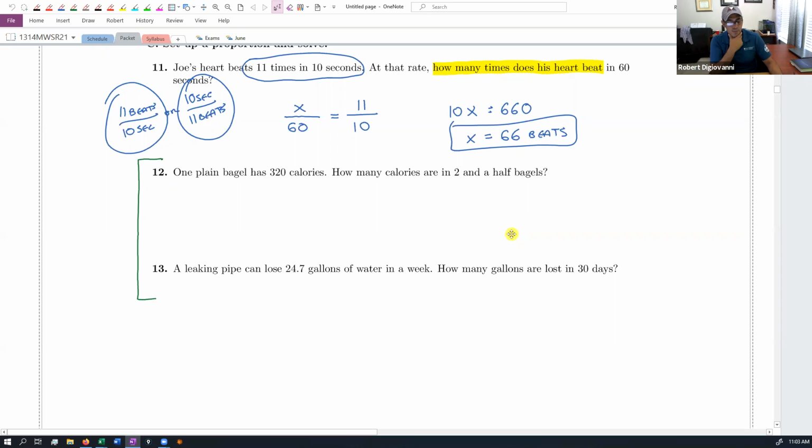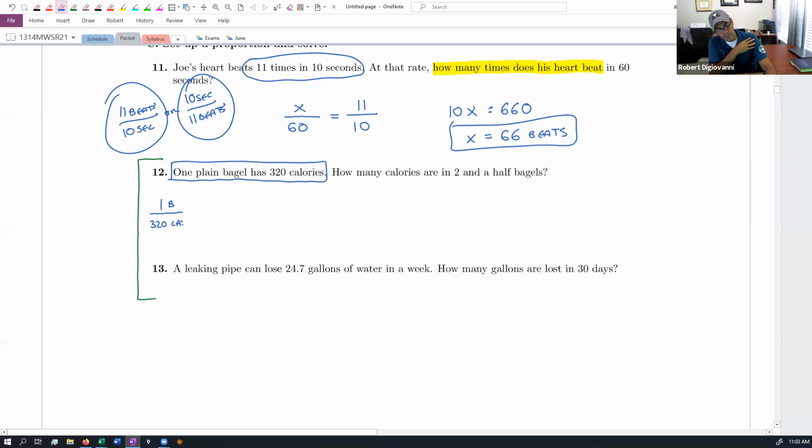And so a problem like number 12 says, one plain bagel has 320 calories, how many are in 2.5 bagels? So the way we set this up is we start out by using the given ratio that one bagel, I'm going to put 1B for bagel, has 320 calories.